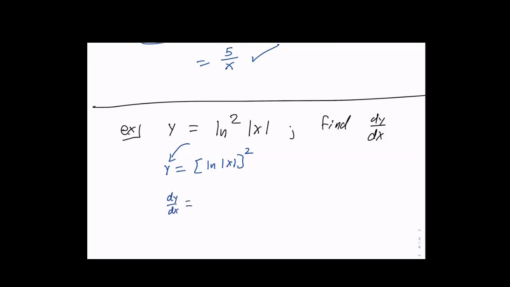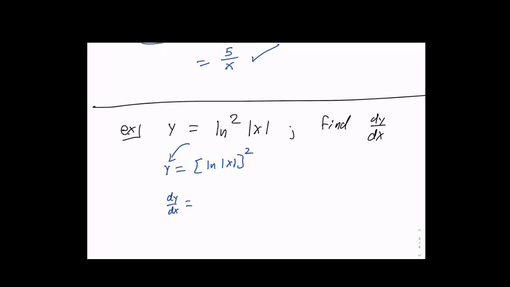So what's dy dx? It's 1 over... No, x. No. It's chain first. That's what we said. We said it's chain. We didn't say it's log. The outside is not a log, so it's not 1 over yet, at least. 2.